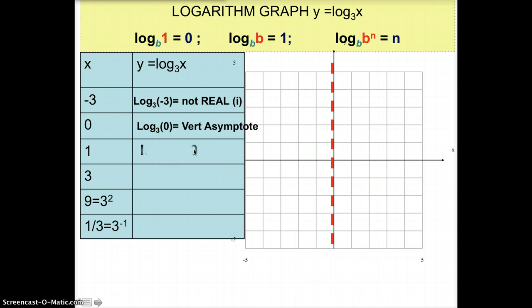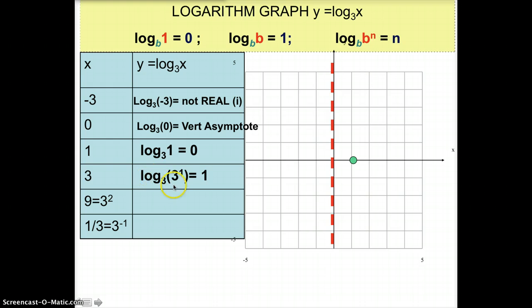And then I try 1. Now that's this first log rule up here. Log base 3 of 1 is 0. So that's a dot right here on the graph. And then I try 3. Now 3 is a good number because it's base 3. I don't want to pick 2 because 2 would be hard to find. I'll pick 3.